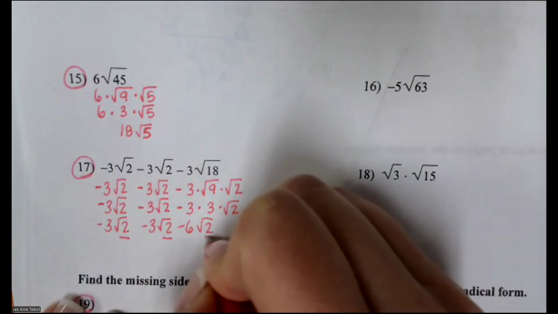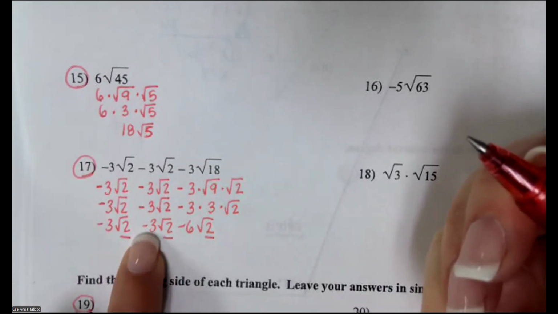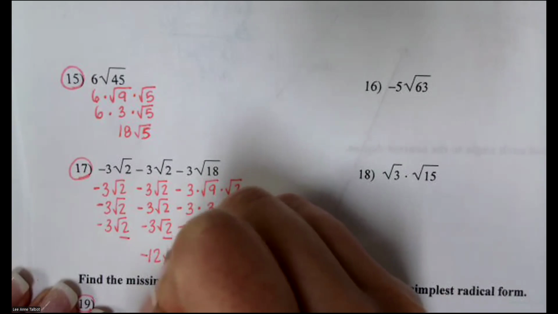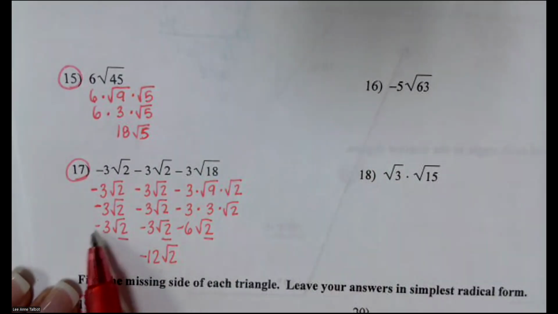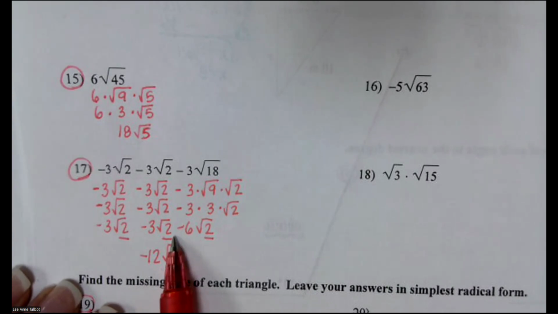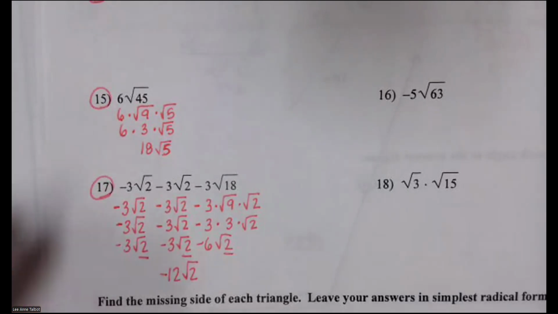They're all 2's, so they can all be combined together. Negative 3 minus 3 is negative 6. Minus 6 is negative 12 root 2. So negative 3 roots of 2 minus 3 more roots of 2 minus 6 more roots of 2. It's negative 12 roots of 2.